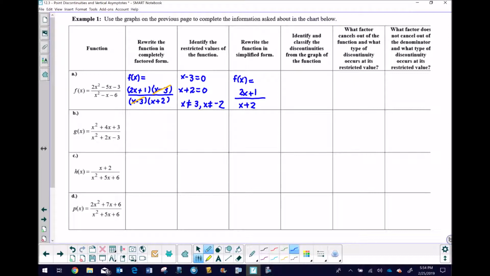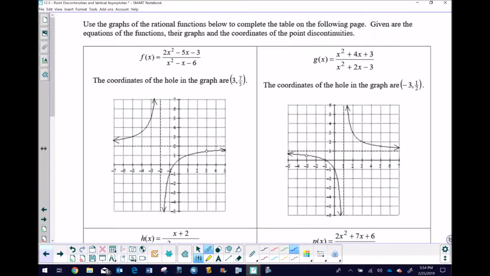Identify and classify the discontinuities from the graph of the function. Well, this does say that we're going to look at the graph. So I'm going to move back to the previous page, looking at the graph of f of x. And one of the things that we notice right away is that there is a discontinuity that occurs right here where this vertical asymptote appears when x is negative 2.